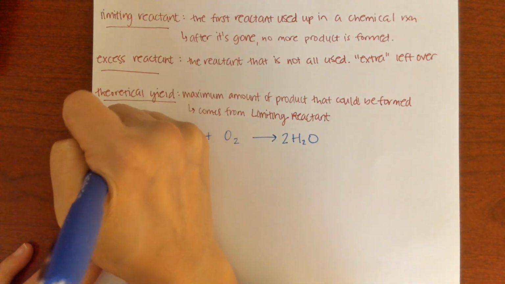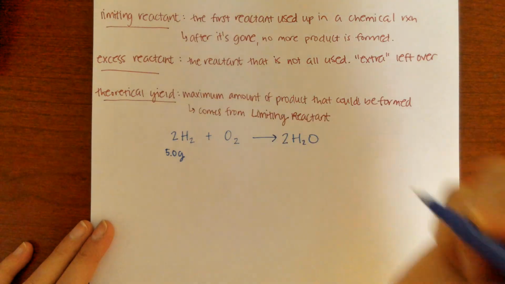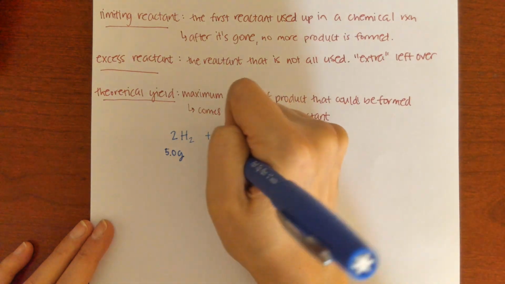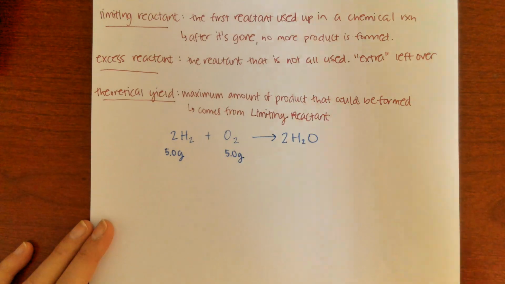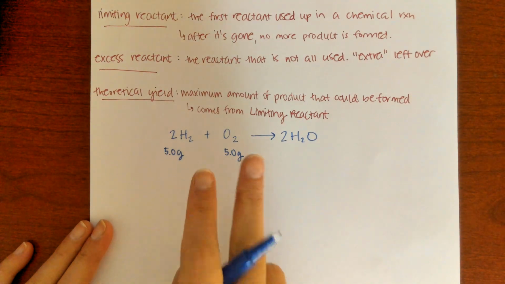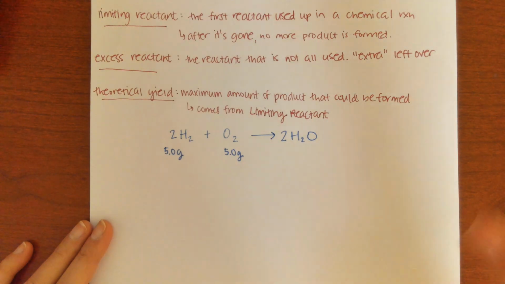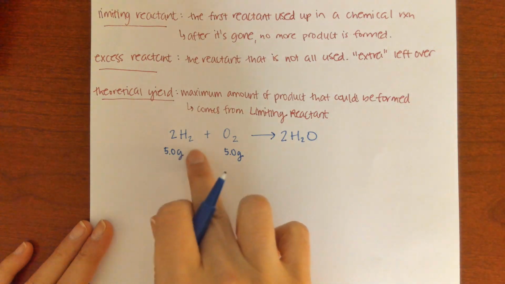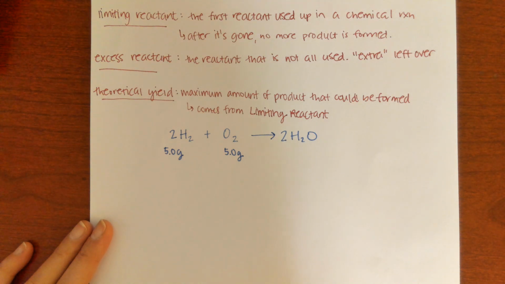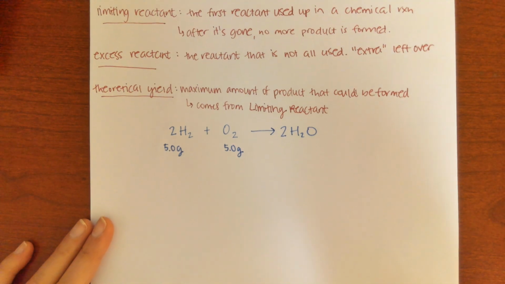Okay, so for example, let's say I have 5 grams of hydrogen and 5 grams of oxygen. When you put oxygen gas, and then when you put them together, when they react, it produces water, but at some point water doesn't continue on being produced. One of these reactants gets run out first due to their masses, and then water stops being formed.